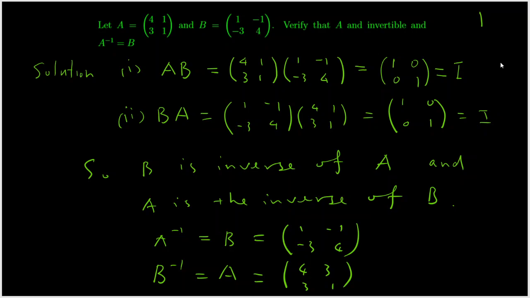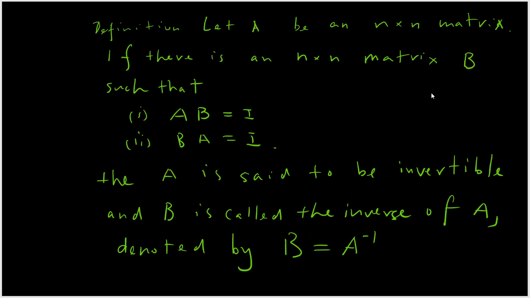So matrix A is invertible, right? And B is the inverse of matrix A. So that's how we do it. Any questions about this? The key thing is two conditions. Any questions about this? If you don't, we move on to the definition again.